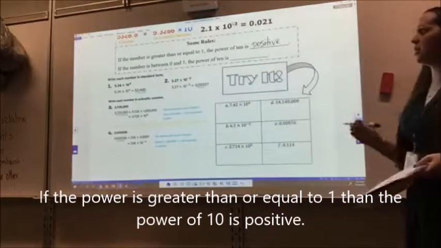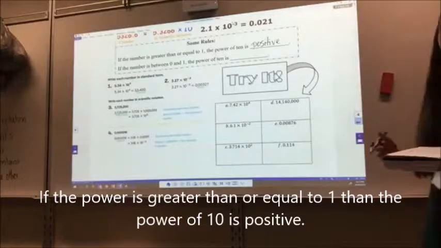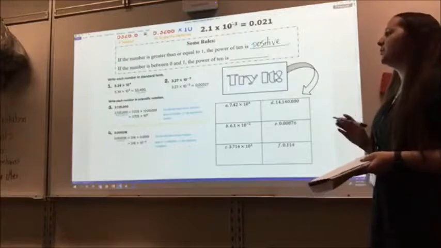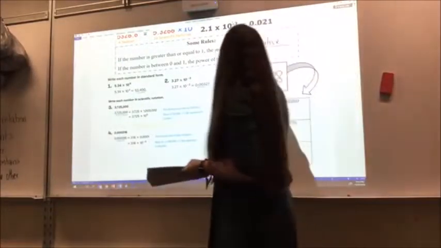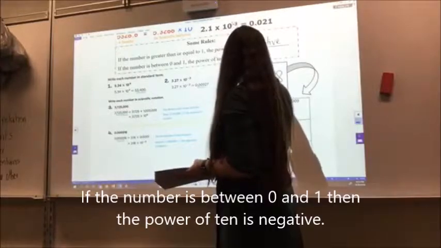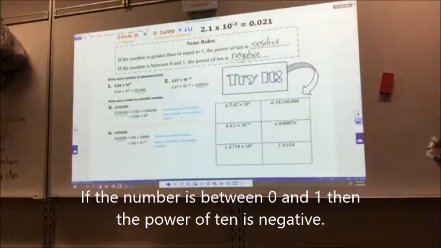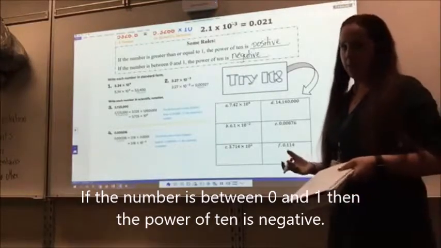So your exponent will be positive. If the number is between 0 and 1, the power of 10 is negative. You'll have a negative exponent for that.